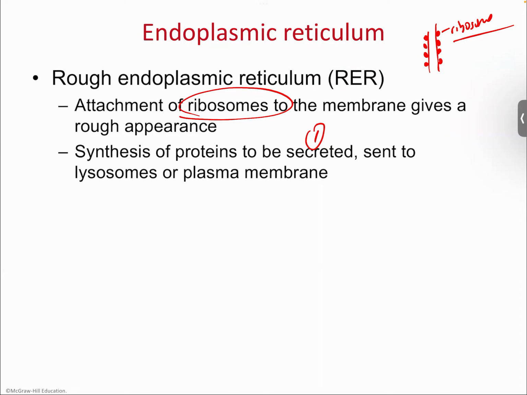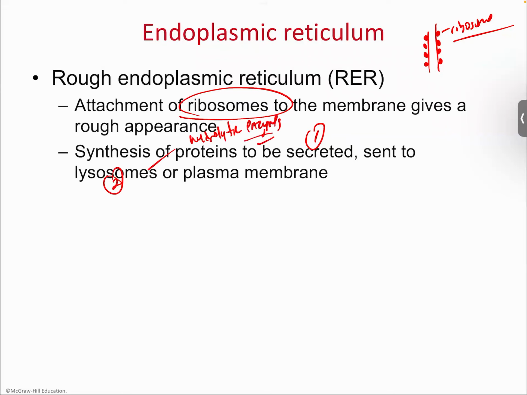So secreted proteins, proteins destined to be released outside the cell, are one type of protein that the rough ER will make. The other one is lysosomal proteins. Lysosomal proteins are hydrolytic enzymes, so they're digestive enzymes. So it'll make those.